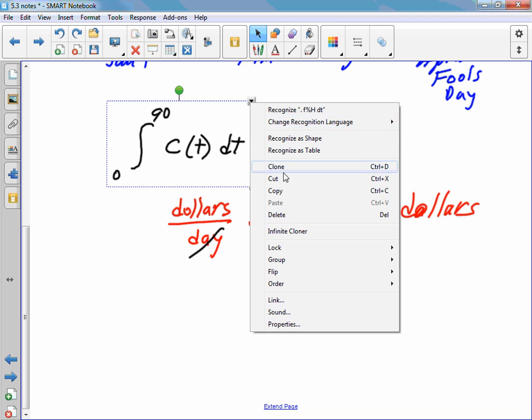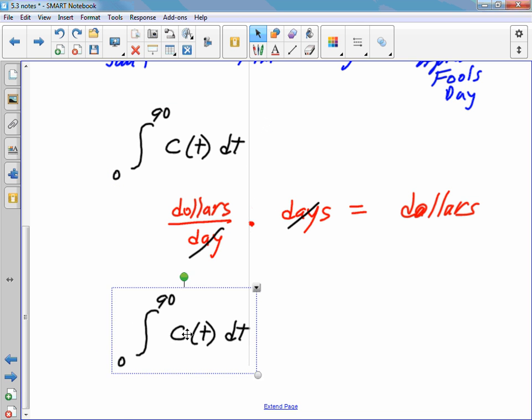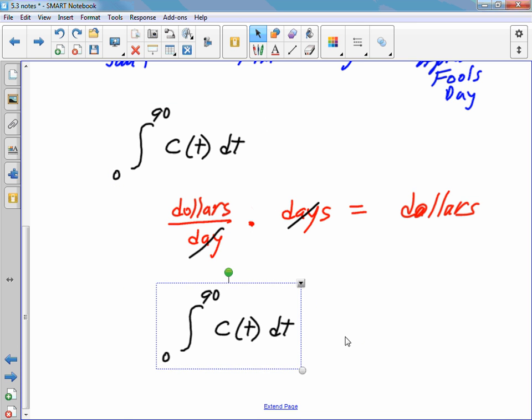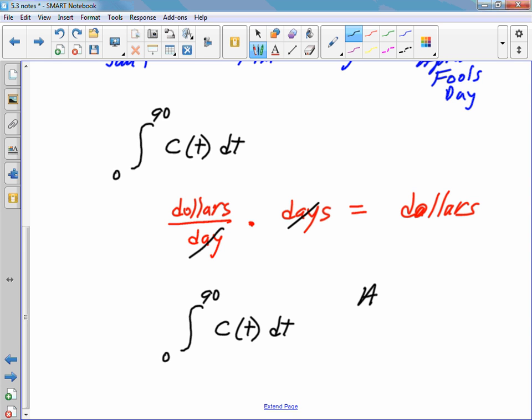I appreciate you all paying attention. Clone. So if you wanted to do the average cost or the average value, you would say, well, from 0 to 90 is the total. So then you would just say, well, this is going to be like 1/90th of the total, in essence, right?